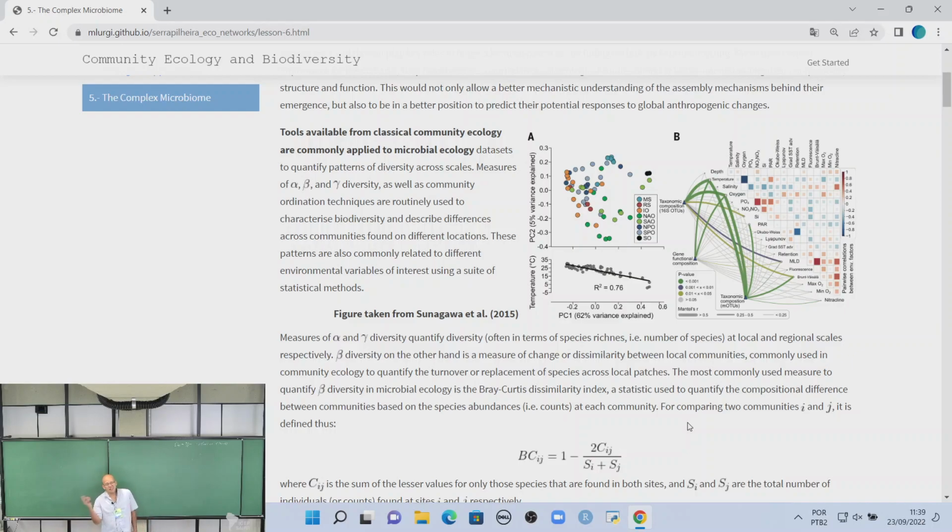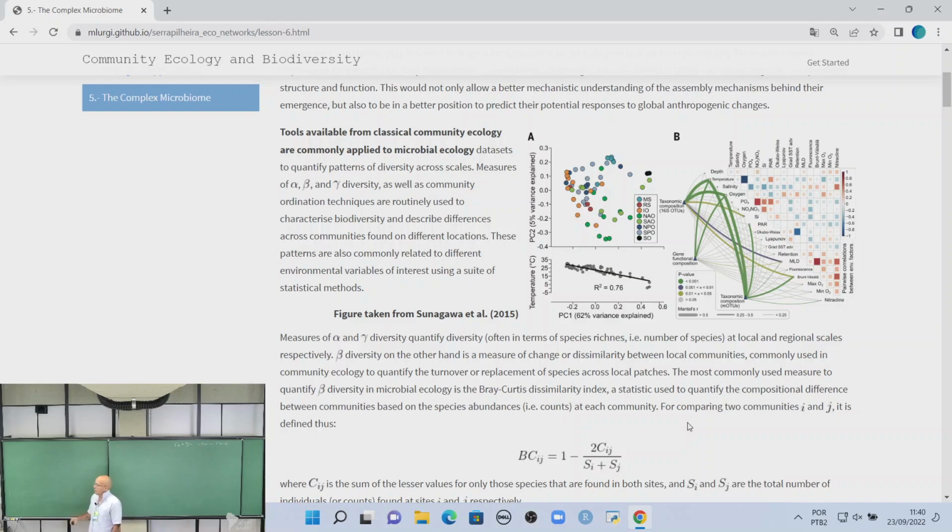And this is the kind of thing that community ecologists look for when they are trying to understand better the composition of their communities and what might be the drivers behind them. So basically, microbial ecology has adopted this way of thinking, and now we can look at these communities also in this way.